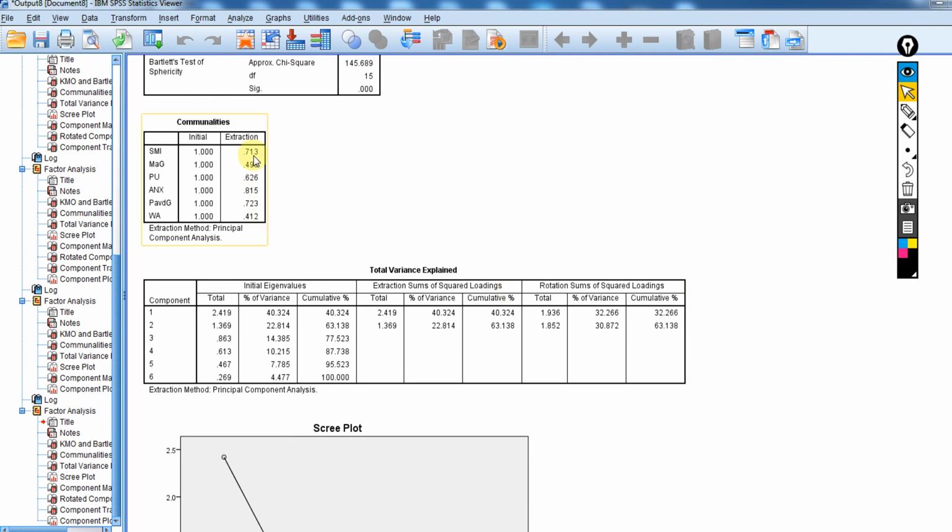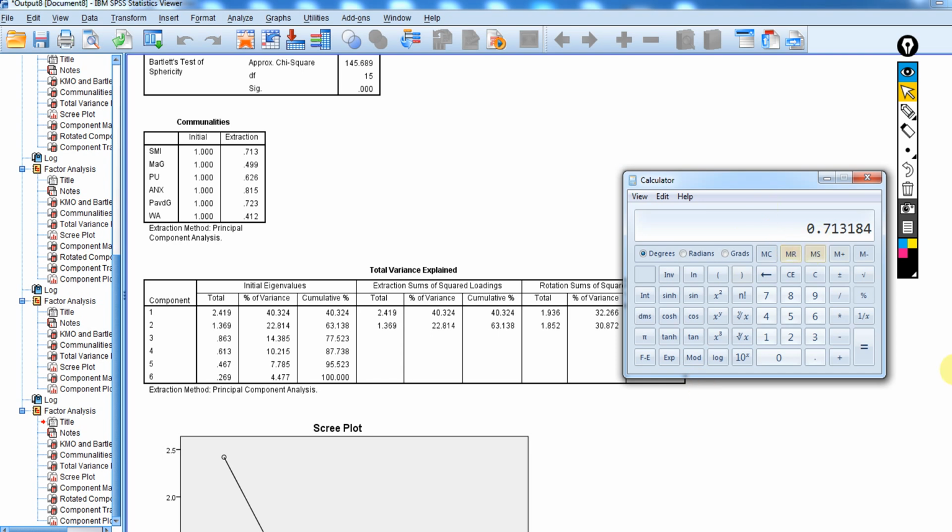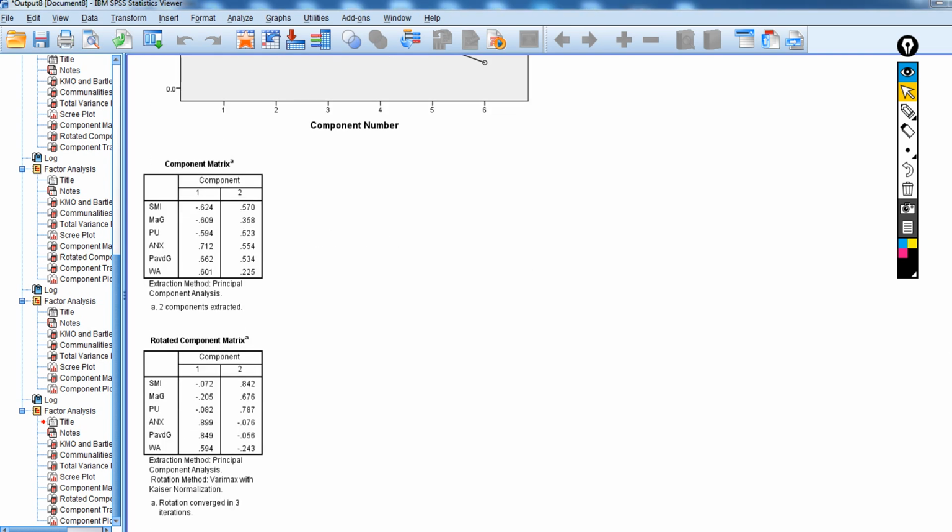Note too that we would have the same communality if we square these 2 coefficients here and sum them up. We would end up with the same communality of 0.713. So that's what the communality estimates are basically driving at.